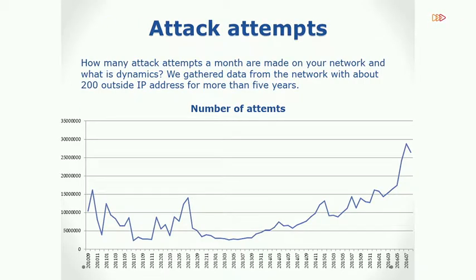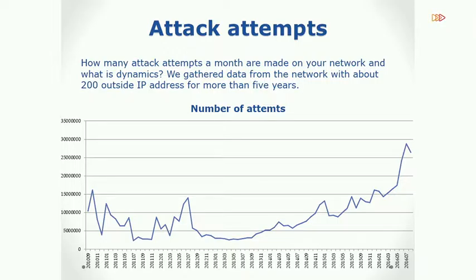One interesting thing we were able to make is this graph. It's from firewall data. Those are attempts, just port scanners and things like that, on an organization with a bit more than 200 outside IP addresses over a 5-year period. So we just took the numbers and made a graphic for anyone to behold.